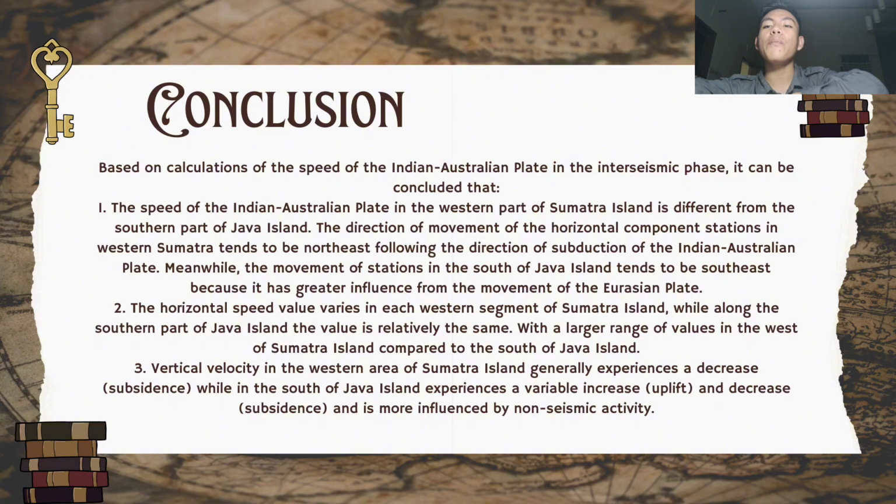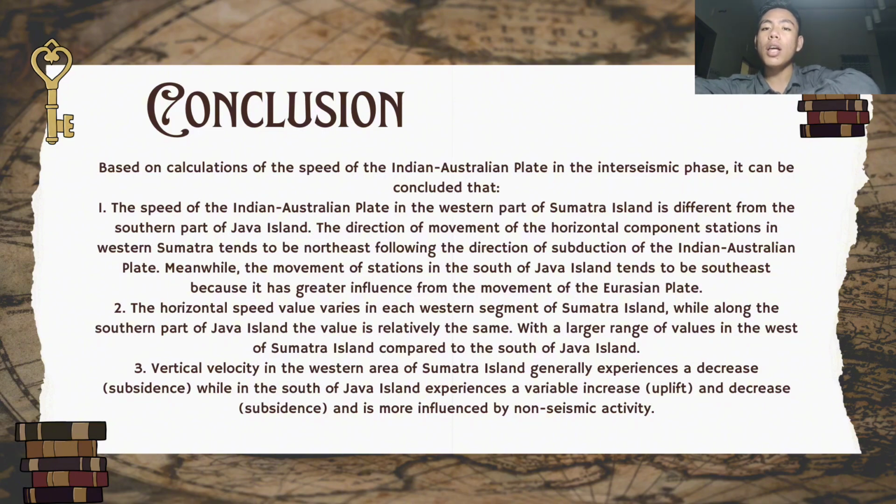The direction of movement of the horizontal component at stations in western Sumatra tends to be northward, following the direction of subduction of the Indian-Australian plate. Meanwhile, the movement of stations in the south of Java Island tends to be southward because it has greater influence from the movement of the Eurasian plate.